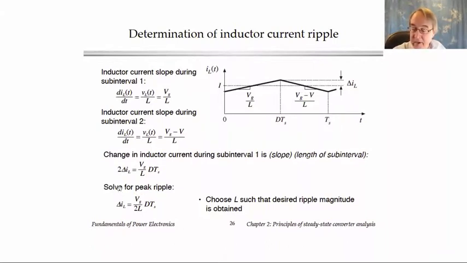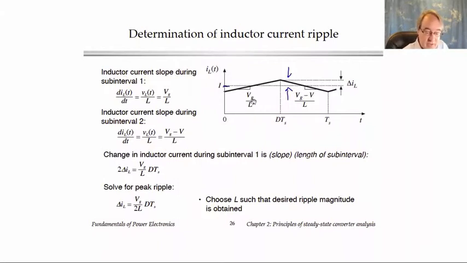Okay, we can also find the current ripple. We previously drew the inductor current waveform, and we know the slopes, so we can find delta IL, the peak to average inductor current ripple. Here's capital I, the average current, which is the DC current we just found. The ripple delta IL can be found from the slope.